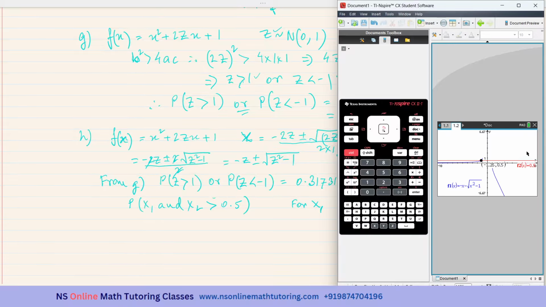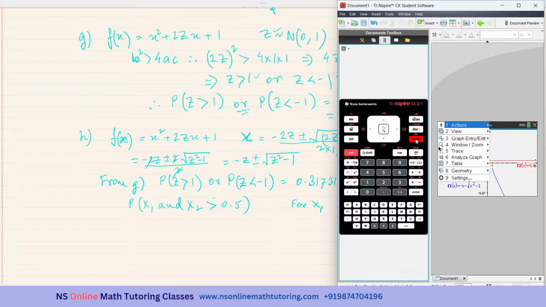Intersection with this minus 1.25. So x values, and what is the highest point over here? Let me trace it. I am saying this is minus 1 and this is 1. From the two axes, I think that this point is having coordinates as minus 1 and 1, but let me trace to be sure.